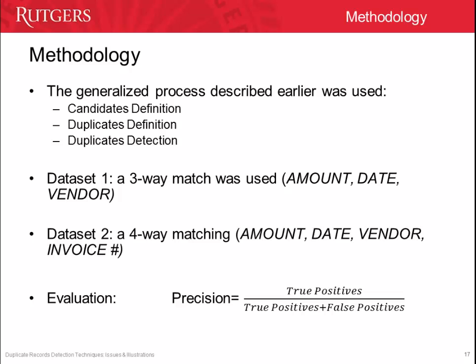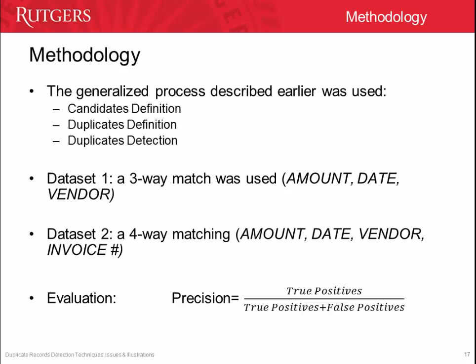For evaluation purposes, we used precision, which is true positives over true positives plus false positives. Precision is a measure used to measure the correctly identified duplicates over all found duplicates.